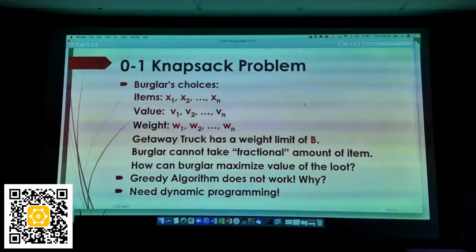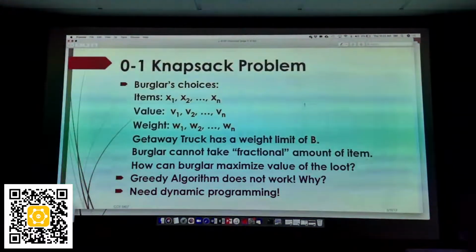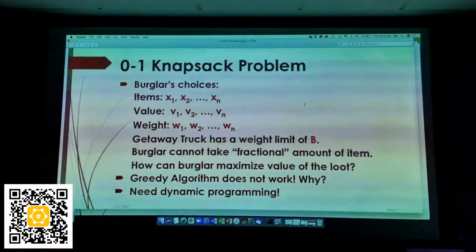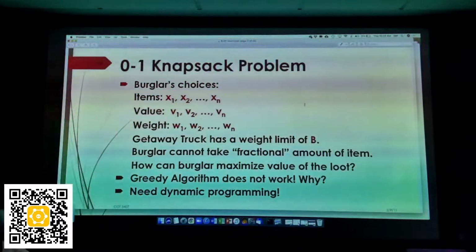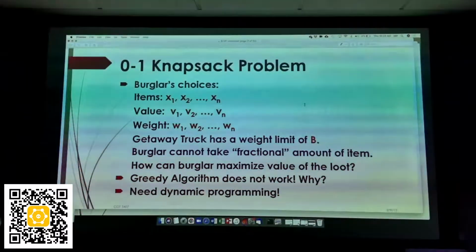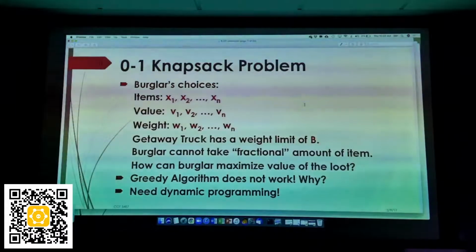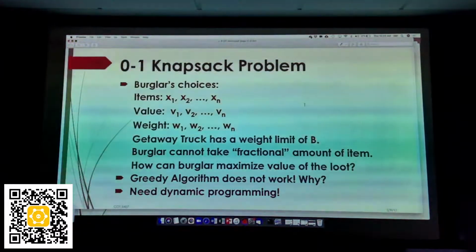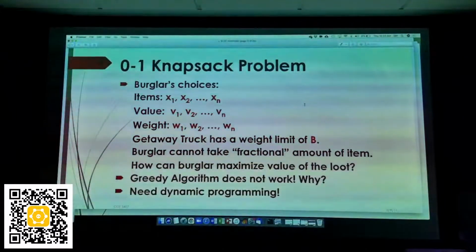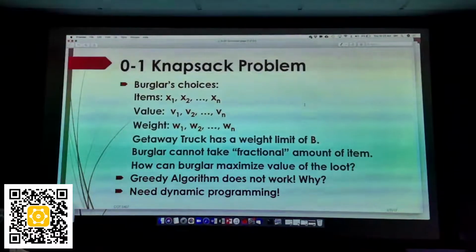So you might have a refrigerator with gold doors and such, but if it occupies the whole truck, that's the only thing that the burglar can steal. Instead, it's possible that by taking a whole bunch of different items with slightly less value per weight, the total value could be exceeded with the red items instead of the black item.